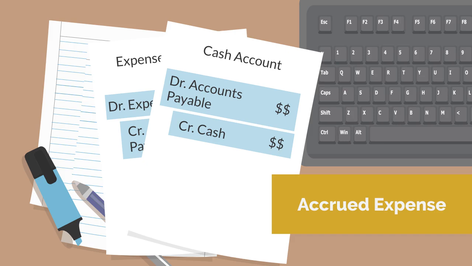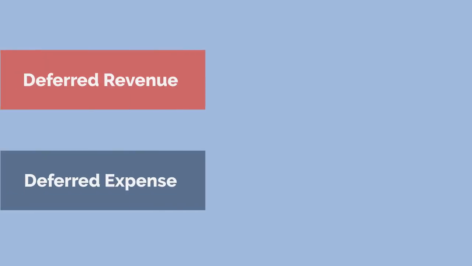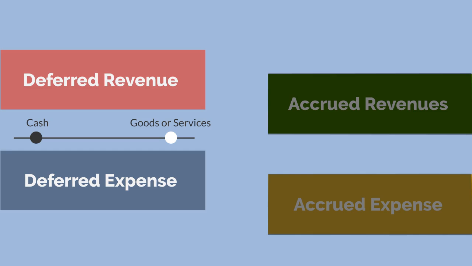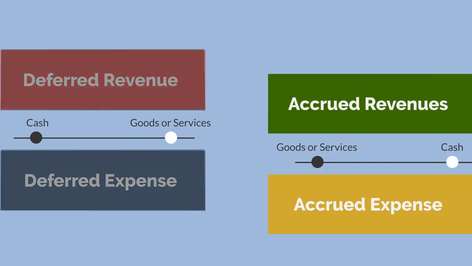To sum up, we've just covered deferred revenues and expenses, as well as accrued revenues and expenses. Deferred means cash exchanged now for future goods or services, and accrual means goods or services exchanged now and payment to come in the future.